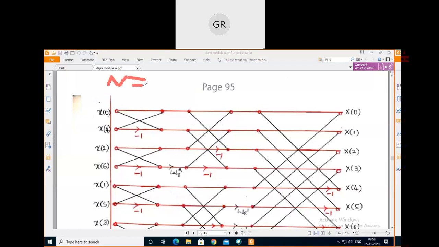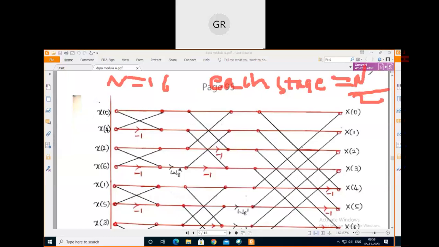In each stage, N divided by 2 butterflies. Just remember this. What is the N value here? 16, right? 16 divided by 2 is 8.